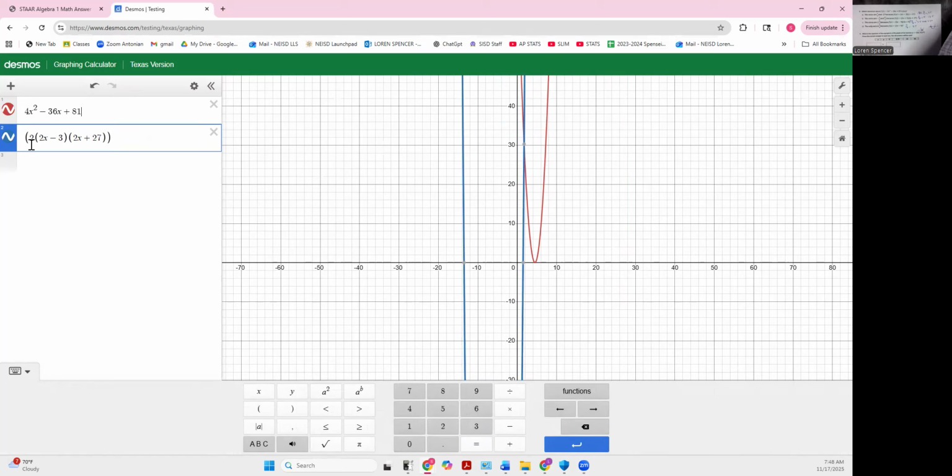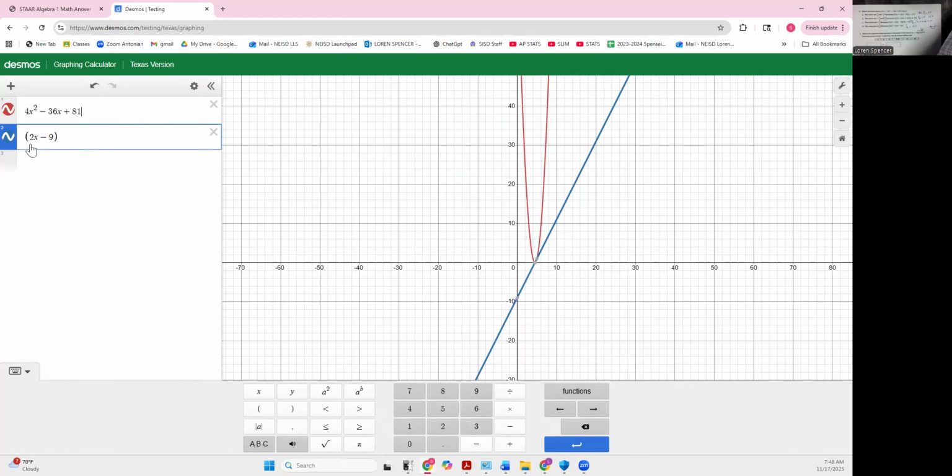2x minus 9 and 2x plus 9. Still doesn't lie directly on it, so it can't be that one. So then we're going to go to this last one, which was 2x minus 9 squared.